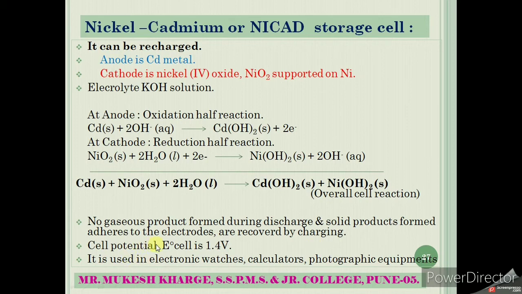The cell potential produced is 1.4 volt, which is better than your dry cell. Then what are the uses of this cell? It can be used in electronic watches, calculators, photographic equipment. So this is the nickel cadmium cell.